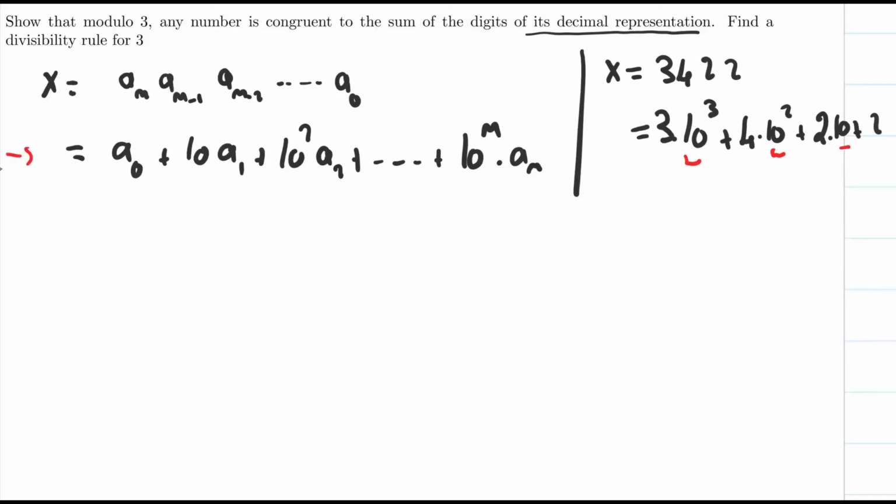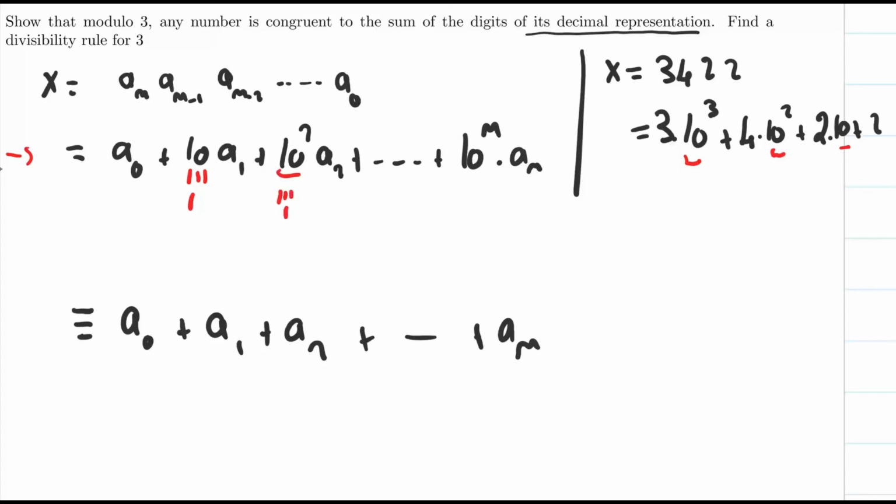Now what we are saying is that x is congruent to a_0 plus a_1 plus a_2 until a_n. Is this true? Let's see. 10 is congruent to 1 modulo 3. So 10 squared is congruent to 1 squared, which is 1 modulo 3.